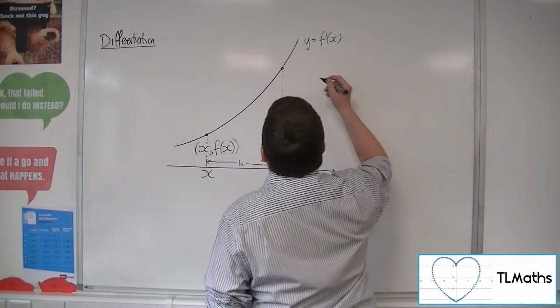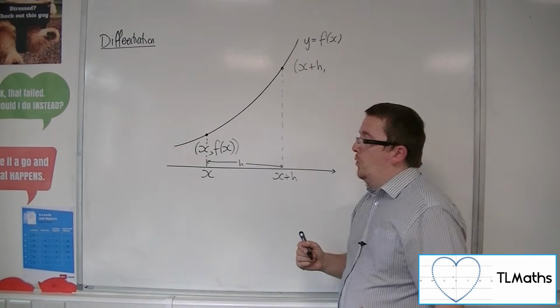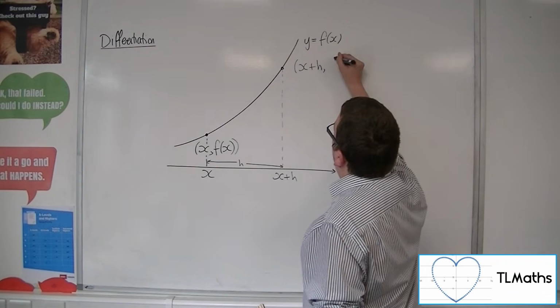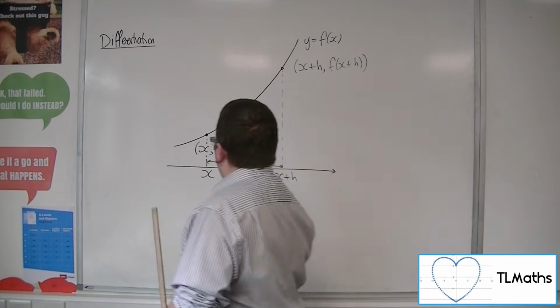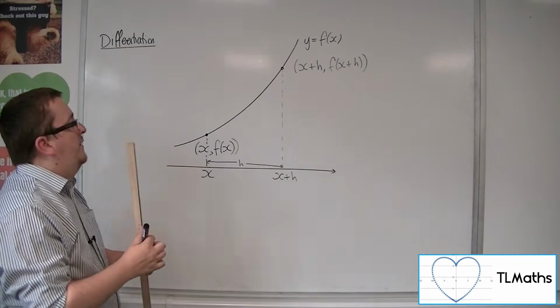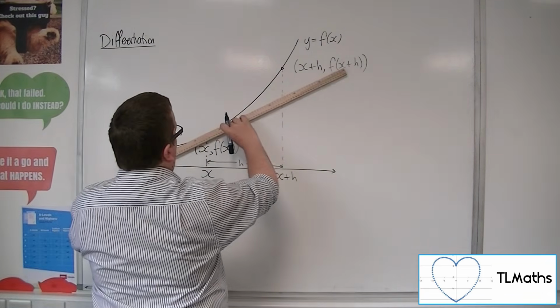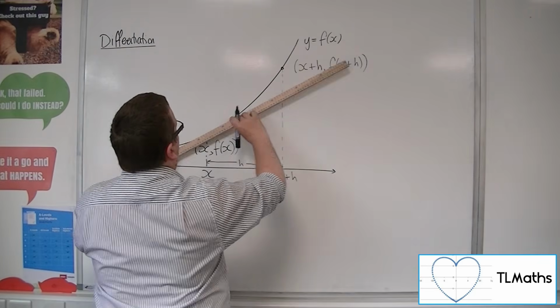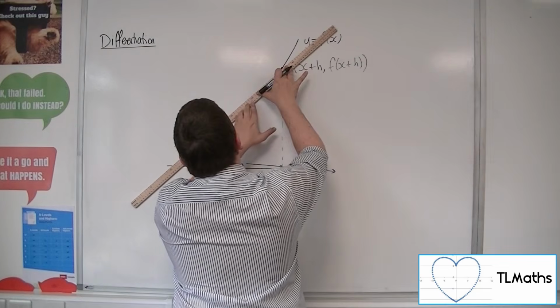Now, if the x coordinate is x plus h, then the y coordinate of that point must be f of x plus h. And I'm going to estimate the gradient of the curve at that point by looking at the gradient of the chord between these two points.